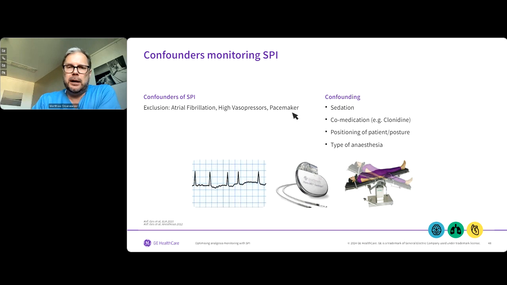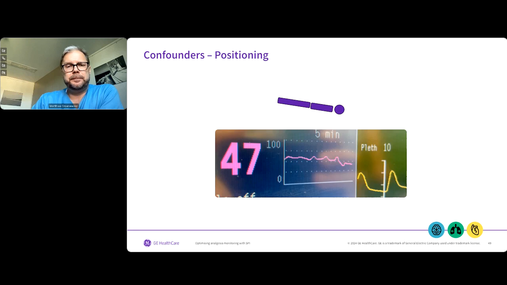And the values being taken as our optimum target zone are confounded by other sedating medications, co-medications like clonidine, the positioning of the patient, because that also has cardiovascular effects, and as I showed you, the type of anesthesia. So there are differences between balanced anesthesia settings and TIVA.